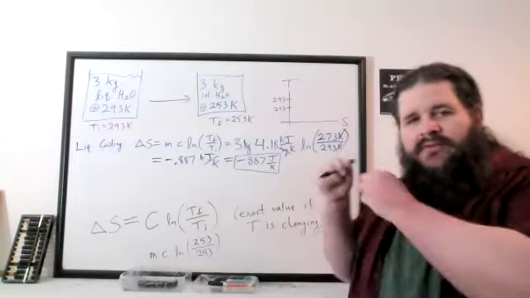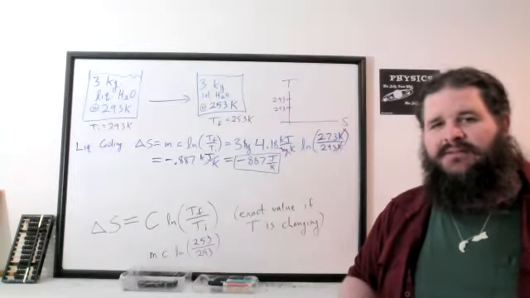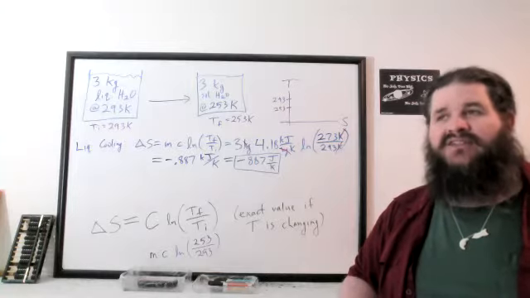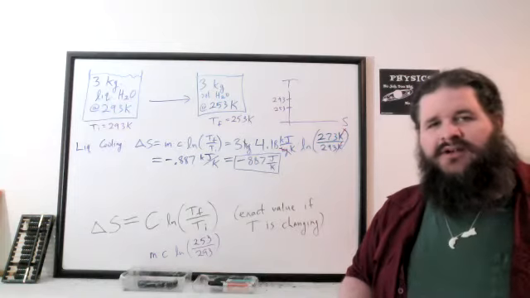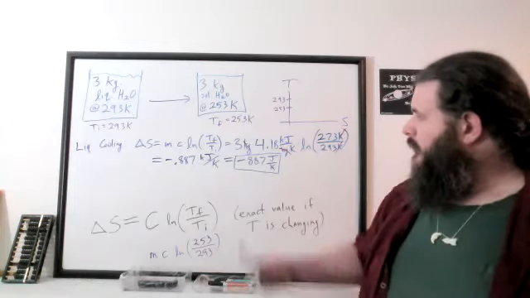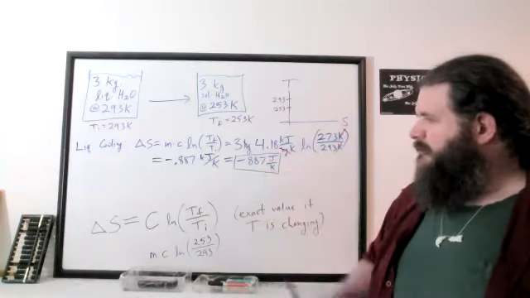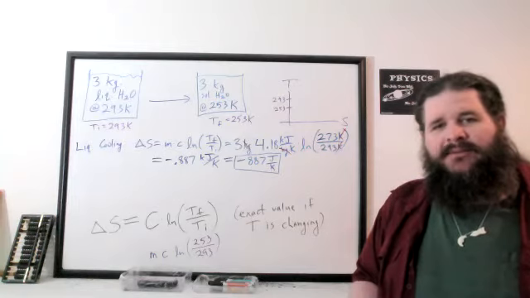If you remove heat from the system, there's now less energy for it to play with. Less energy available means fewer ways the energy can be arranged, and that means lower entropy. In general, you remove heat from the system, you decrease its entropy. So entropy has decreased by this much. After we cool it to 273, we keep removing heat, and what happens?